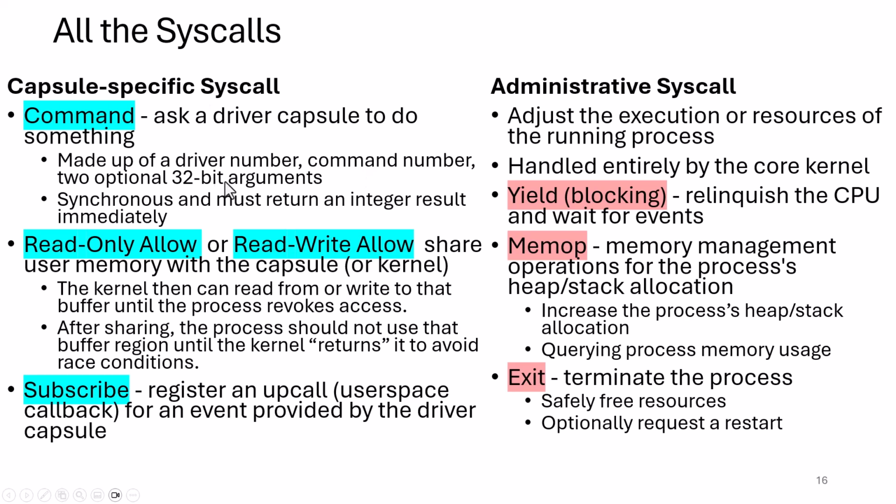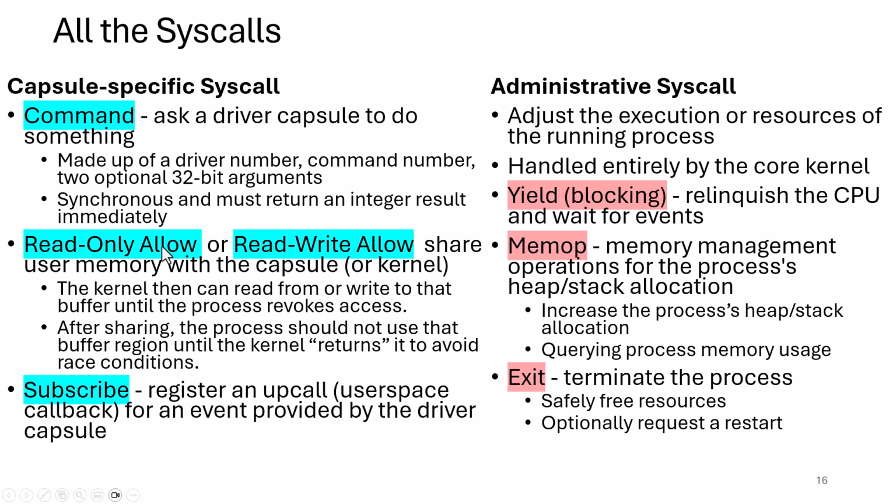And then there's also two other 32-bit arguments that it could use or not. But these are the two primary ones, the driver number and the command number. And this is synchronous, meaning that this must happen quickly. So the user process calls the command, the kernel must do something with it and quickly return back.